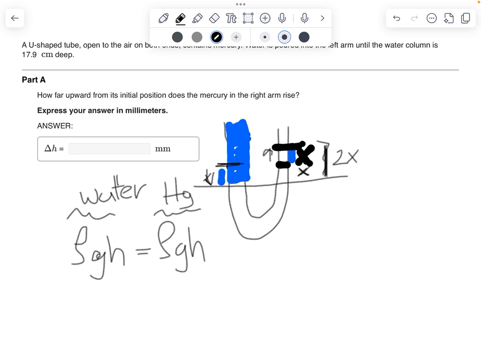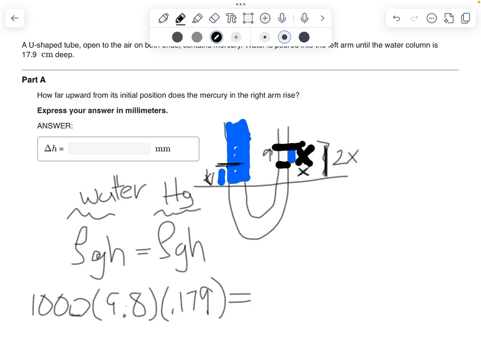It says that the water is 17.9 centimeters deep. So 1,000 times 9.8 times 0.179. And that has to equal 13,600, the density of mercury, times 9.8.